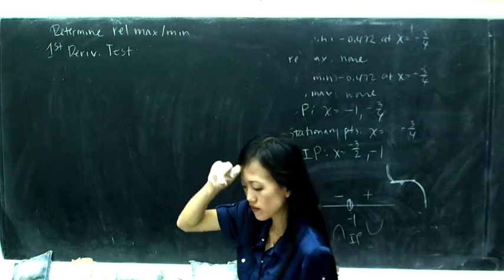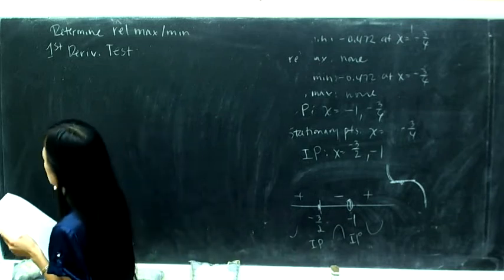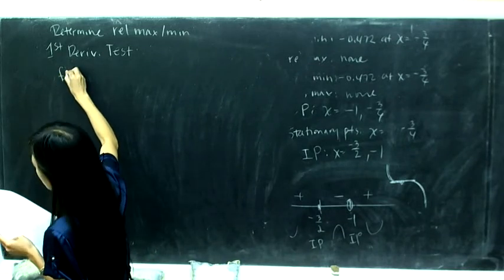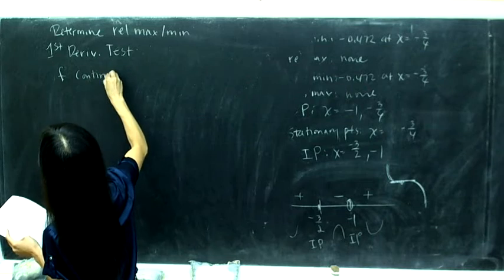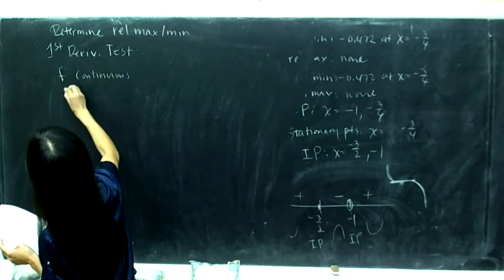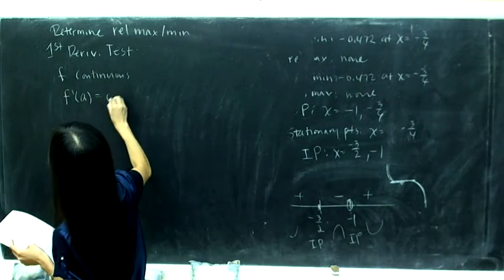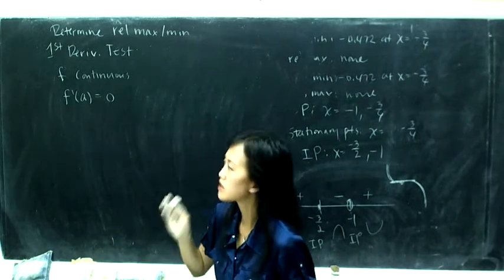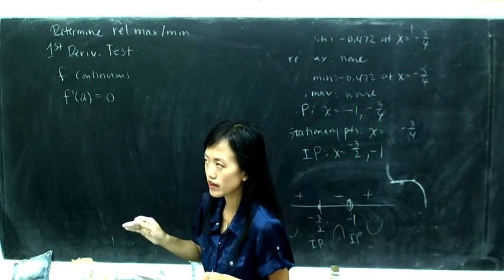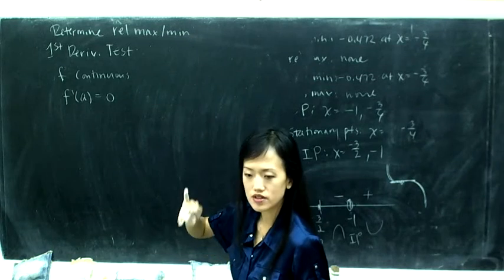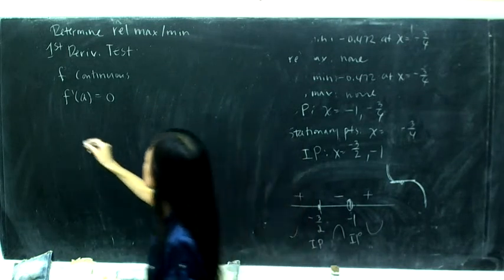If you use the first derivative test, first you check it has to be continuous. So f is continuous. And then you check that the prime at a certain value is 0. Okay, so first derivative is 0 there. And then it changes from a positive to a negative or negative to a positive. So like this.